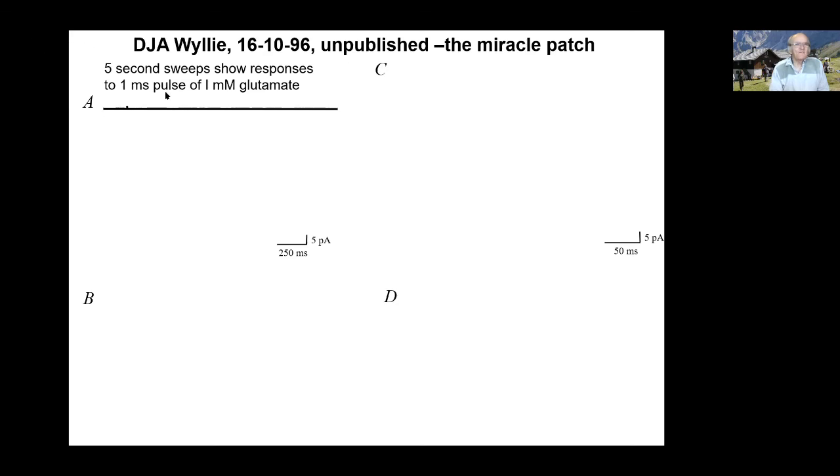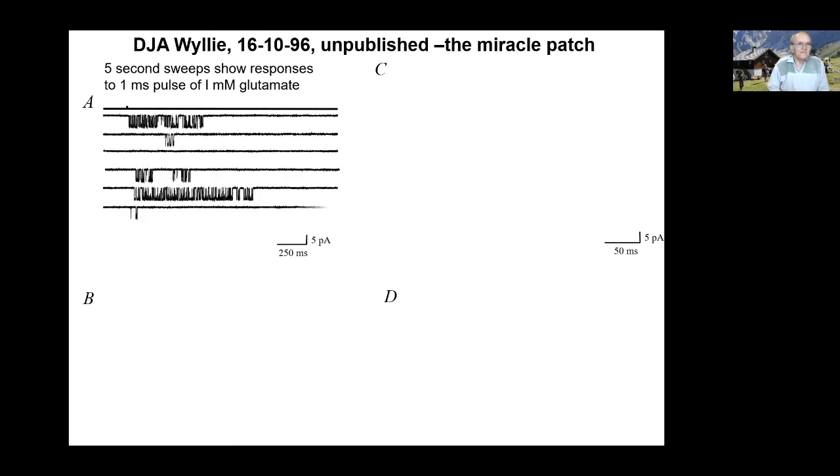These are 5-second sweeps showing the response to a 1 millisecond pulse of 1 millimolar glutamate. So this is the concentration here. That tiny blip there is where the concentration was raised to 1 millimolar glutamate for 1 millisecond.